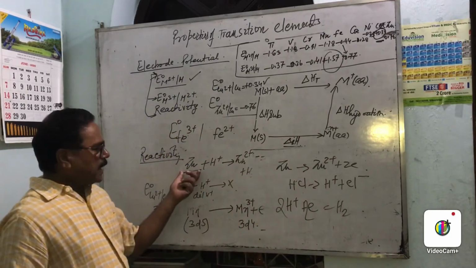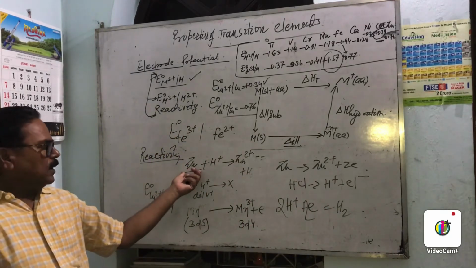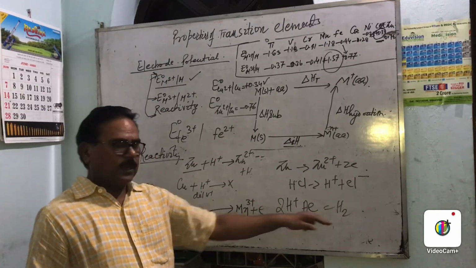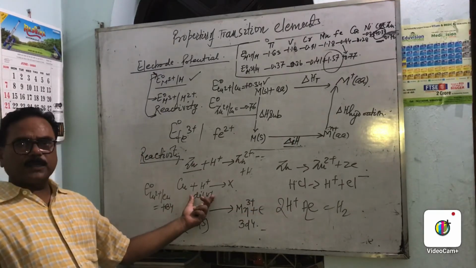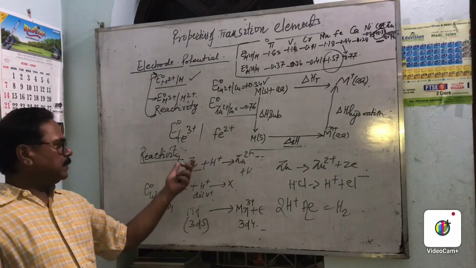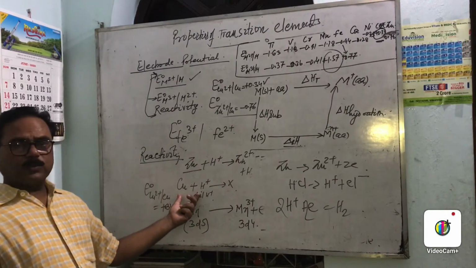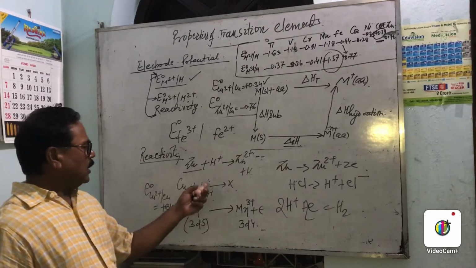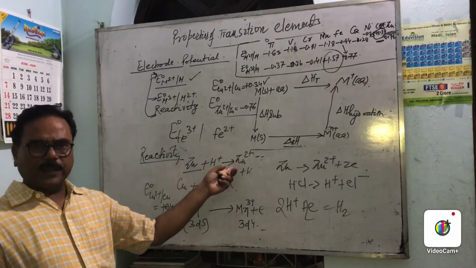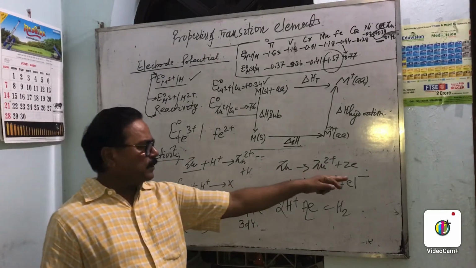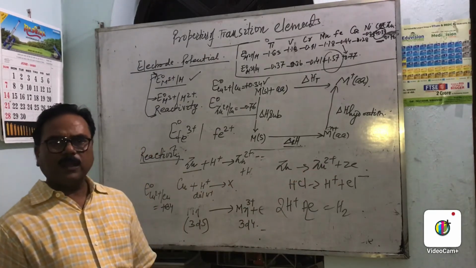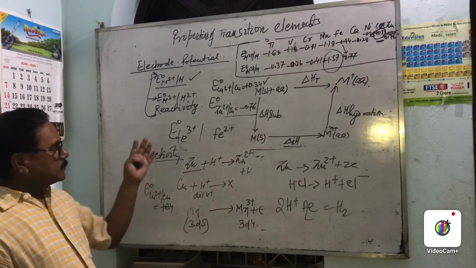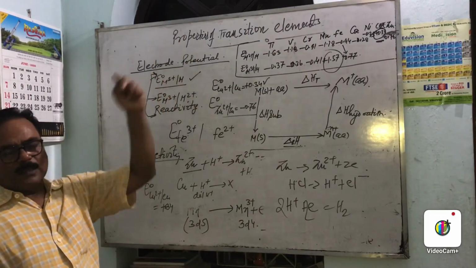So any reactive metal will react with acid and liberate hydrogen, and copper will not liberate hydrogen because copper is less reactive. Copper's electrode potential value is positive and zinc's value is negative. So zinc will liberate hydrogen from mineral acids. Like that, reactivity means Mn3 plus acts as a what?